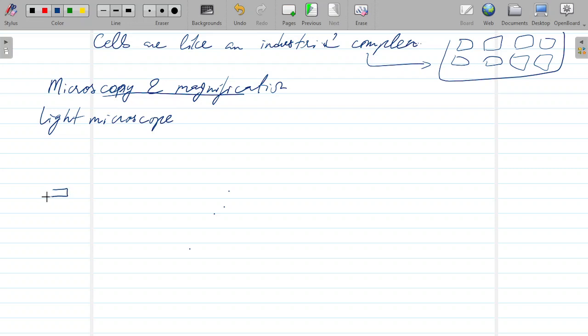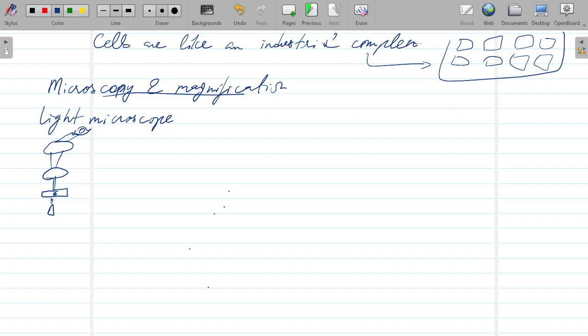It's got a place to keep a specimen. There is a light source below the specimen that shines light. And then there is a lens. So that light passes through the specimen, goes through a lens, is magnified, and then there's another lens. So there are two lenses, and then finally, you view it. That's an eye, I guess.